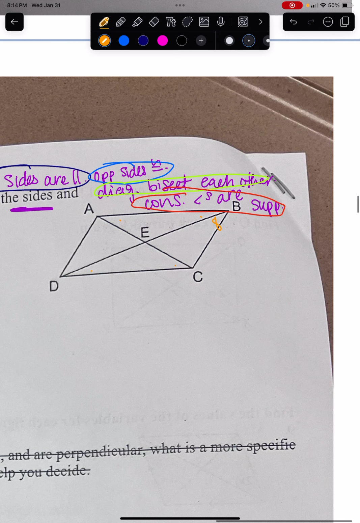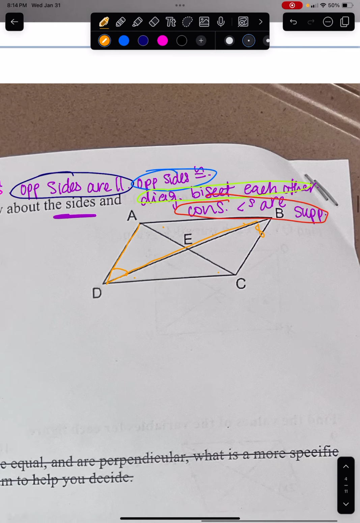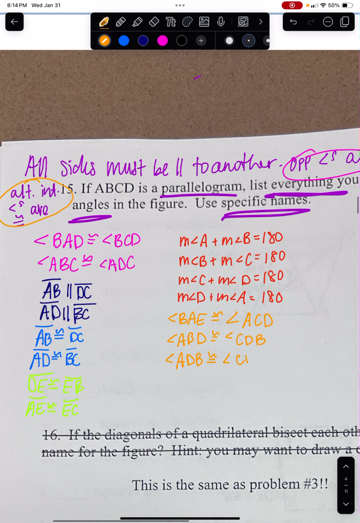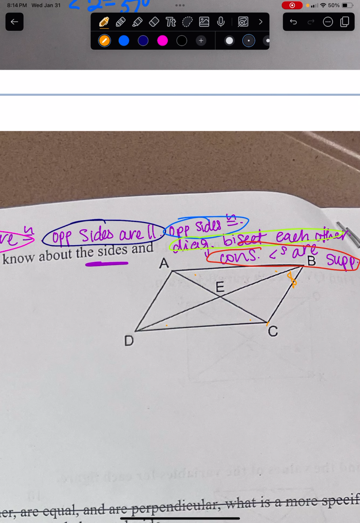We have this angle congruent to this angle, ADB and CBD. Remember, these are just our alternate interior angles. All right, we got one more.